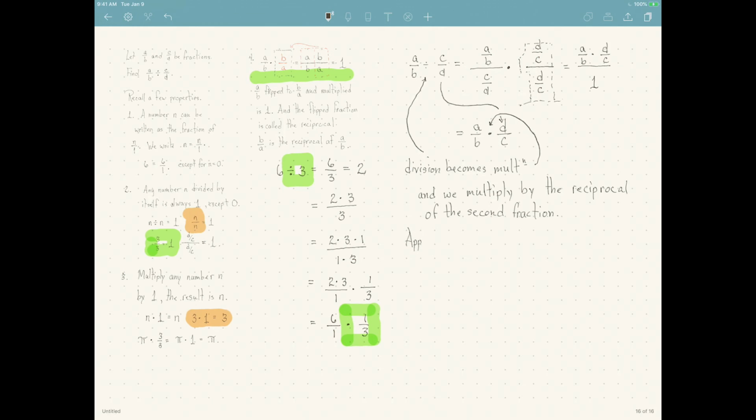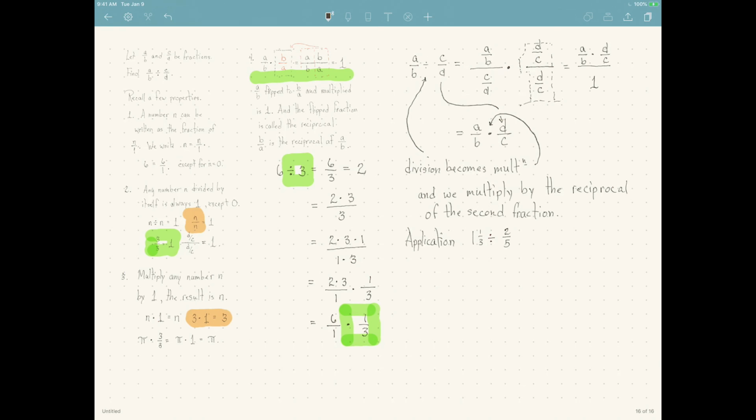All right, so I think we just have time for one last application. Let's try the problem of 1 and 1/3 divided by 2/5.